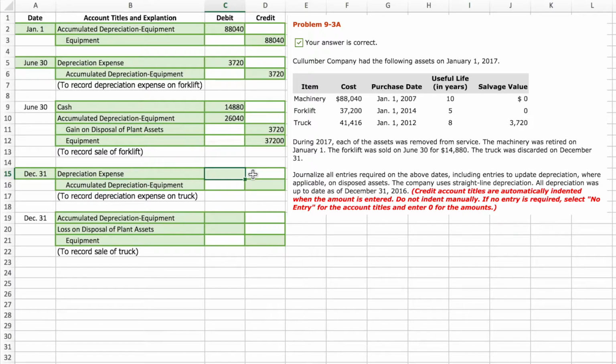So to figure out the annual depreciation, we need to take the cost of the car, which is $41,416, and subtract the salvage value of $3,720, and that gives us a value of $37,696. After that, we can divide that number by 8, which is the useful life in years of the truck, to find the annual depreciation of that truck, and that comes out to a total of $4,712. So that will be our depreciation expense here.